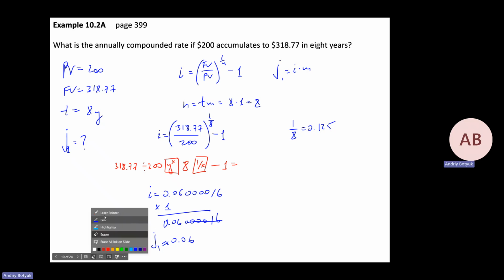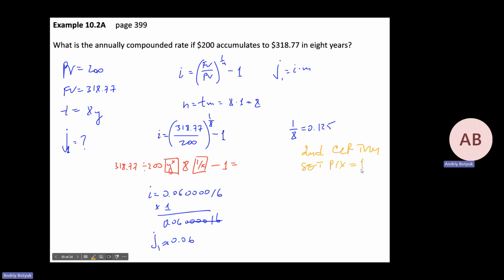Now, how do we use the calculator? Second, same story, clear TVM. Then we set PY. This time it is 1. Then I enter 8 for N. IY, I don't know. 200, change sign, for present value. 318.77 for future value. And then I compute IY.